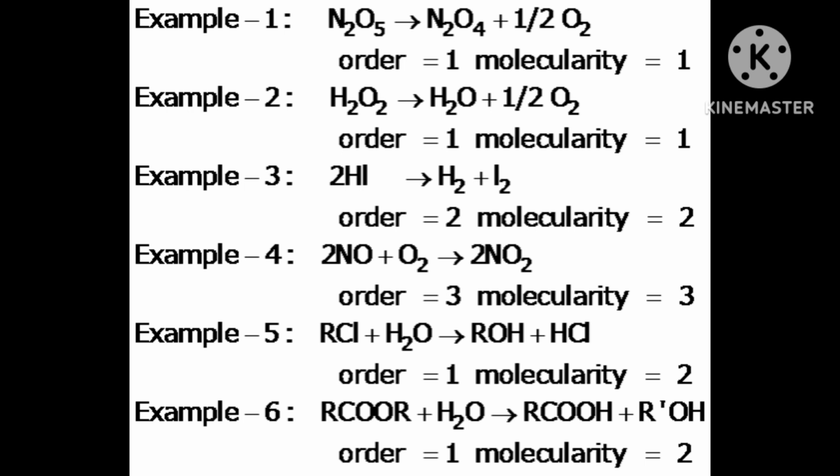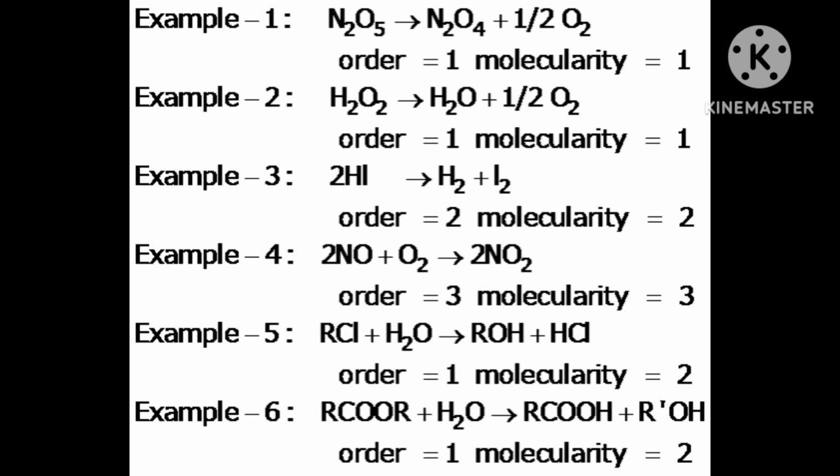If you are in confusion about how to know the unit of this expression, then this way you can easily remember and calculate also. Concentration by time, then concentration time power minus 1, and then 1 upon concentration is there.